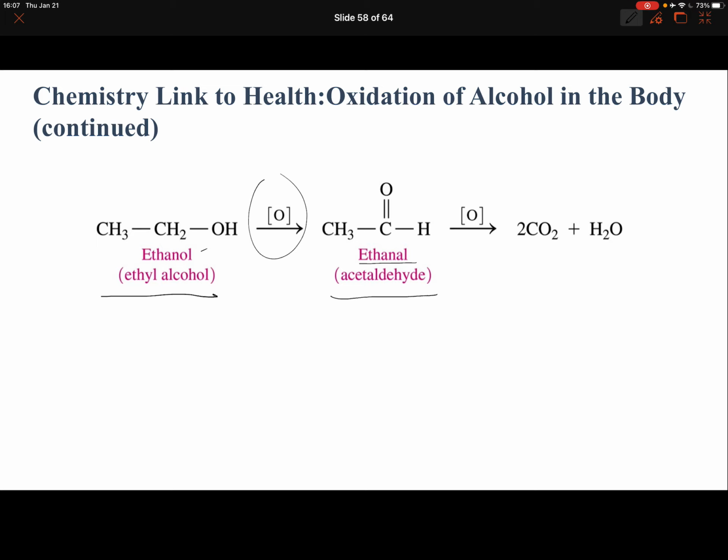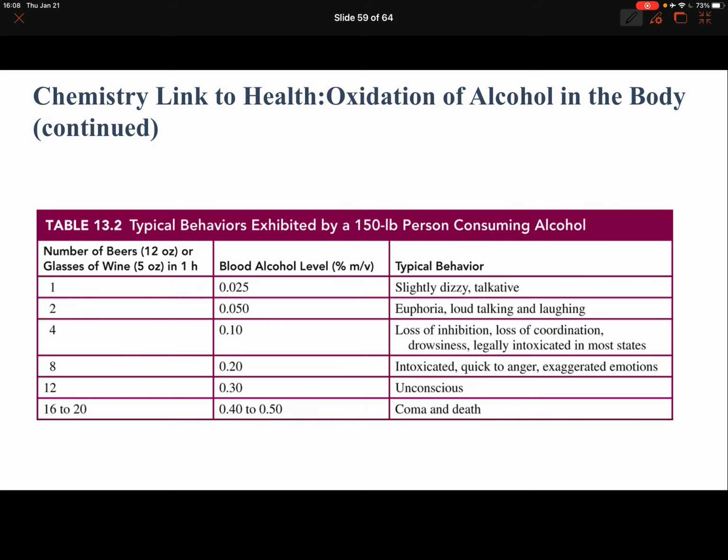Liver enzymes eventually break down the ethanol, but the aldehyde and the carboxylic acid intermediates can cause damage to the liver cells. So this gets broken down into this and, like I said, acetic acid, which just cause liver cell damage. You can look at this table here and see what the typical behavior is for drinking different amounts of alcohol.